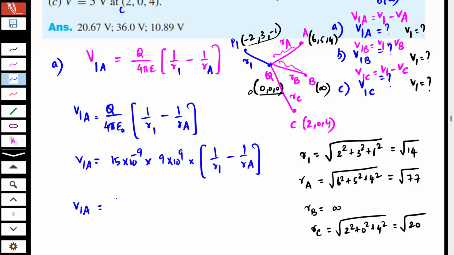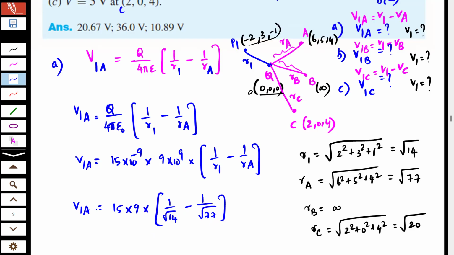So V1A will be 15 into 9 into 1 by R1, which is 1 by root 14, minus 1 by RA, which is 1 by root 77. So this is V1A.